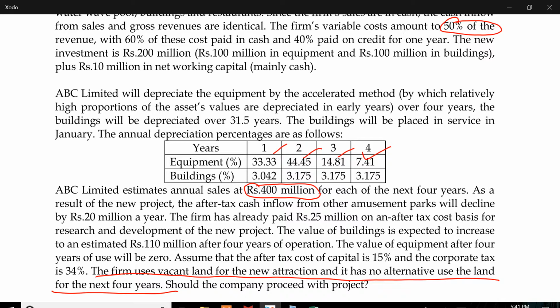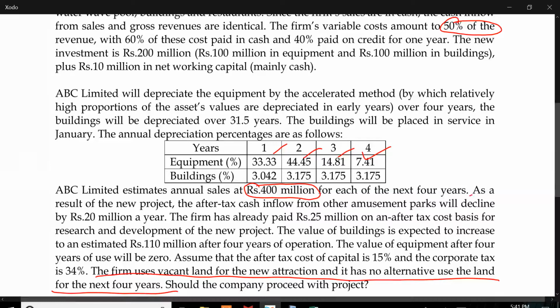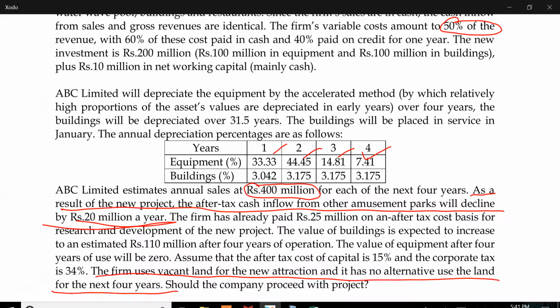Before depreciation, I have one more item. What should I do with this? What is the use of this line? It's an opportunity cost. See, today Queensland is an amusement park.